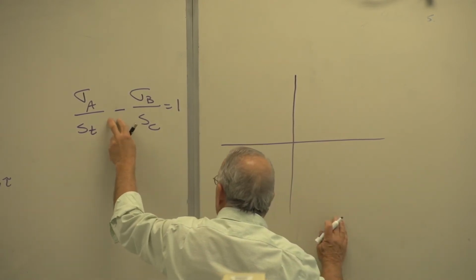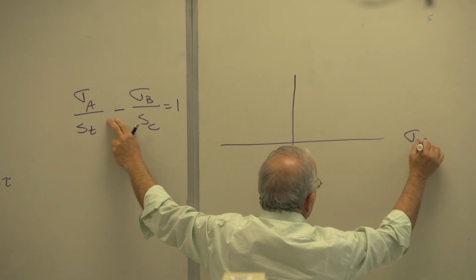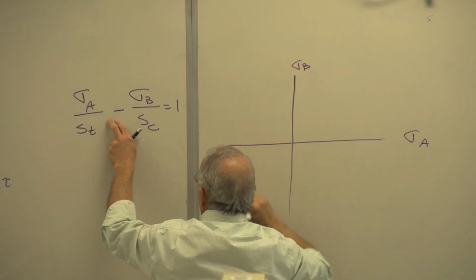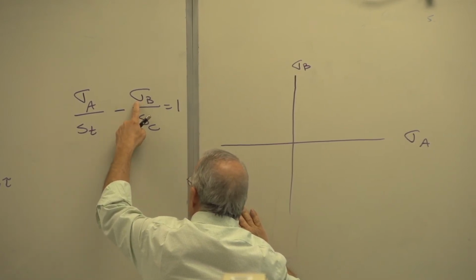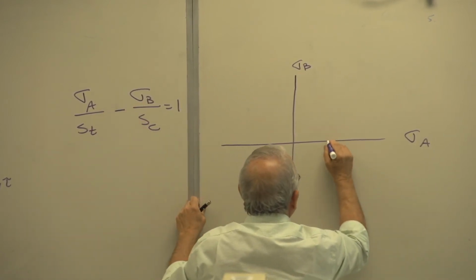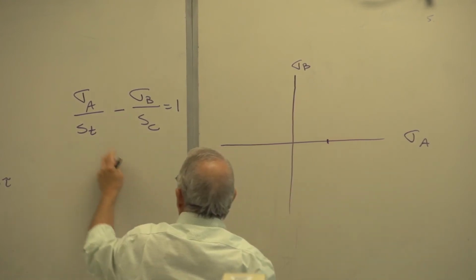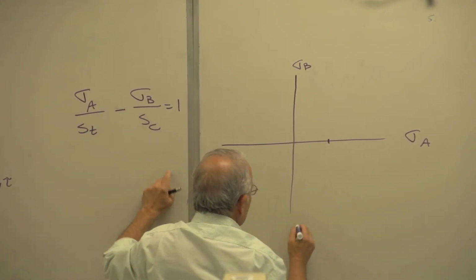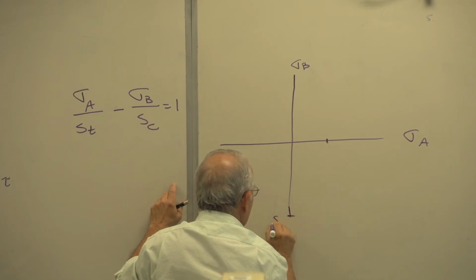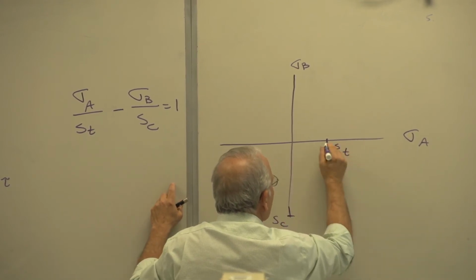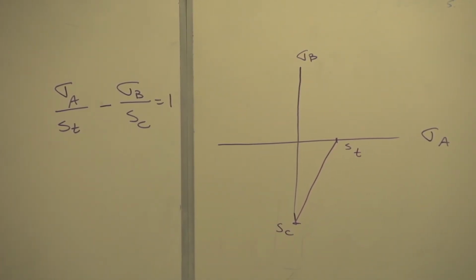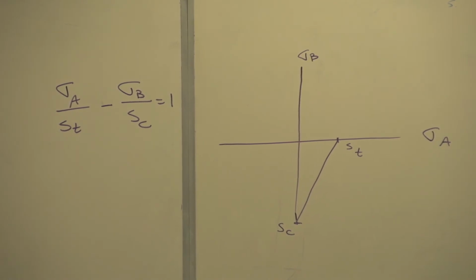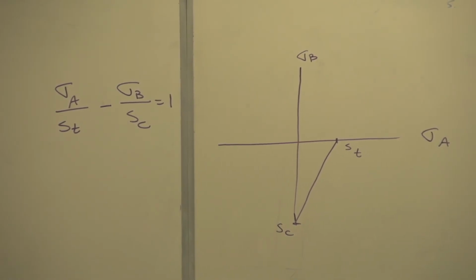If I plot this, remember this is sigma A, and that's sigma B. First let's assume sigma B is 0, sigma A equals ST. Sigma A is 0, sigma B equals minus SC. That must be the line then. Connect the two points. The equation represents that line in the fourth quadrant.